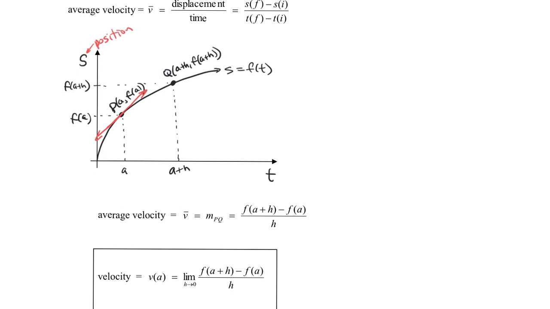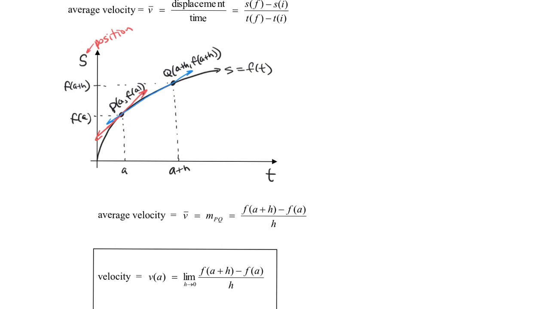So what we could do once again is find the slope of the secant line through PQ, and then let this little distance here, this is A plus h, so once again this gap is h, we let h approach 0. Q comes along the curve approaching P, and then the limiting value of the slopes of all these secant lines will be the slope of the tangent line right there, which is what we want.